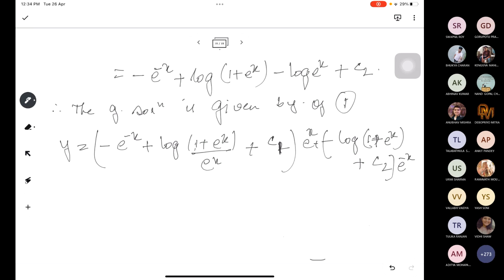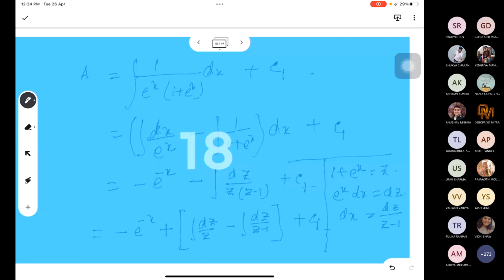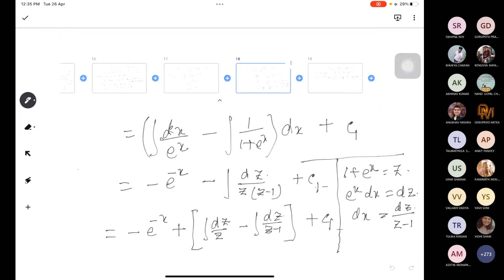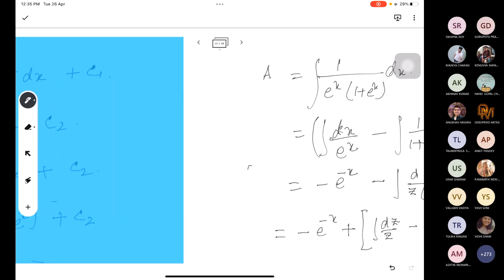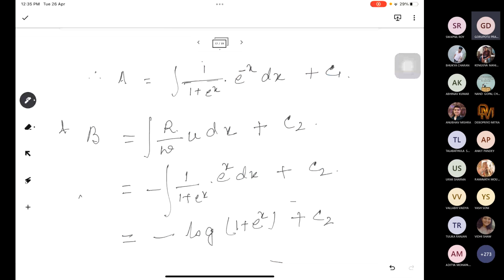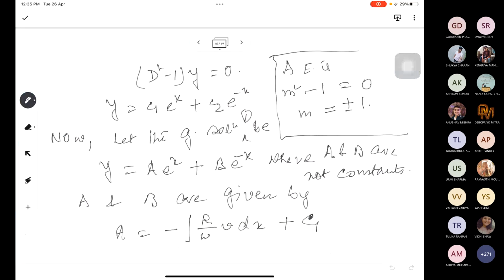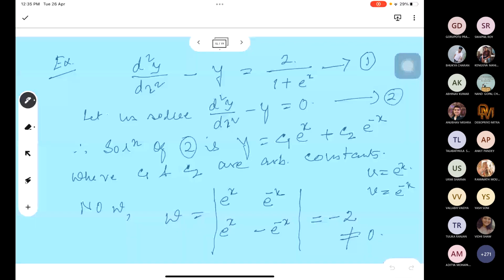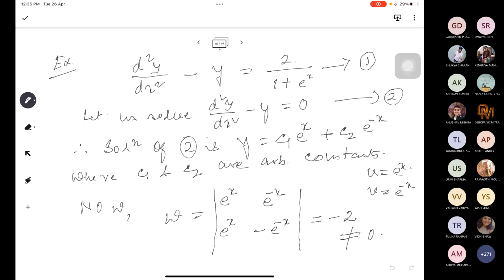Okay. So I have done the solution either by this method or by that method, so you can choose any one. If you are asked to find the Wronskian determinant and show that the solutions are linearly independent, the Wronskian determinant is not equal to 0.